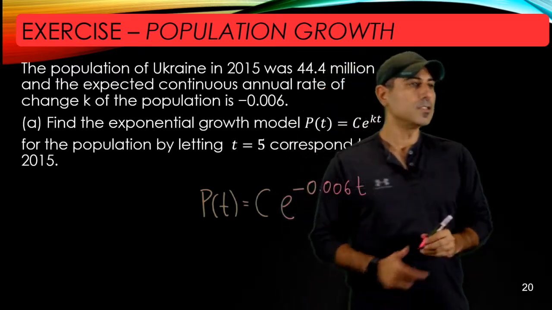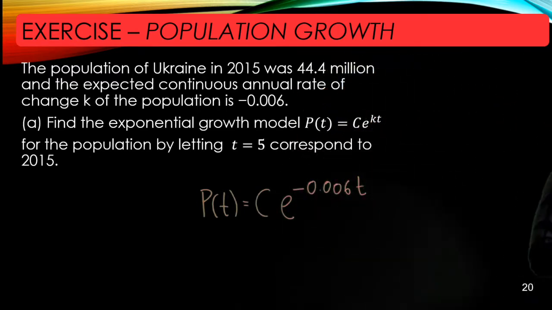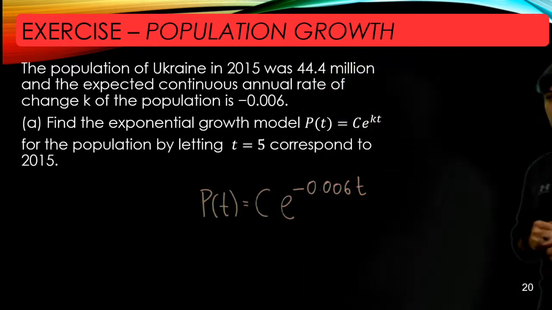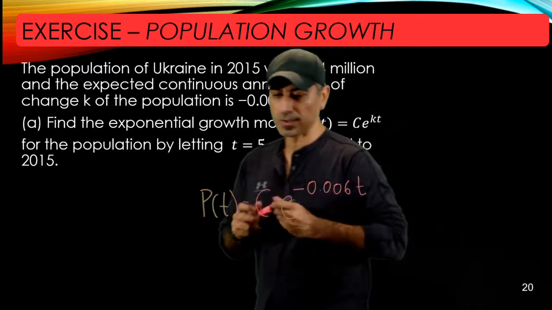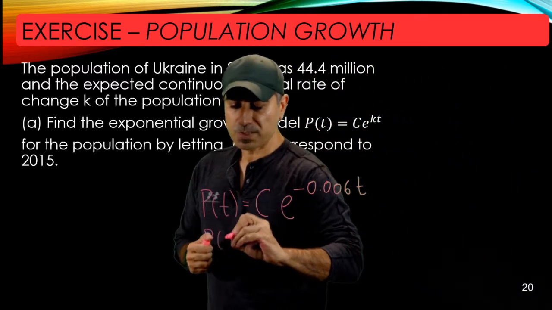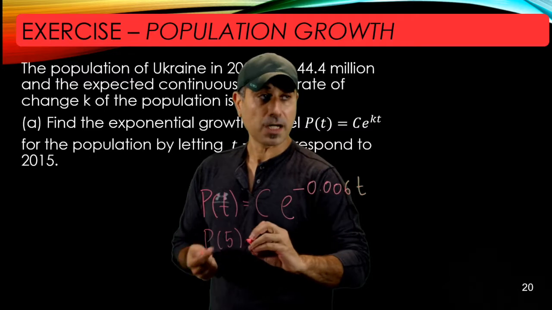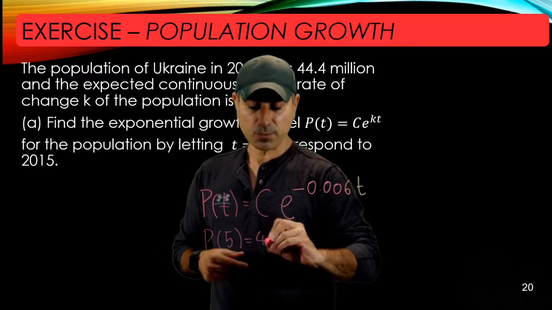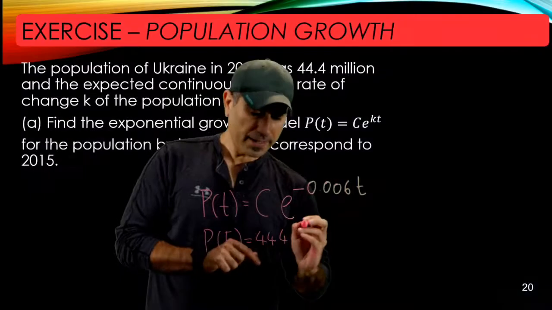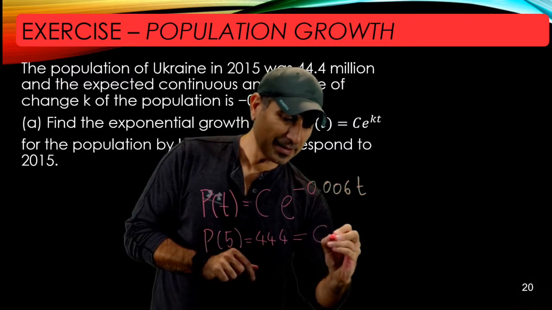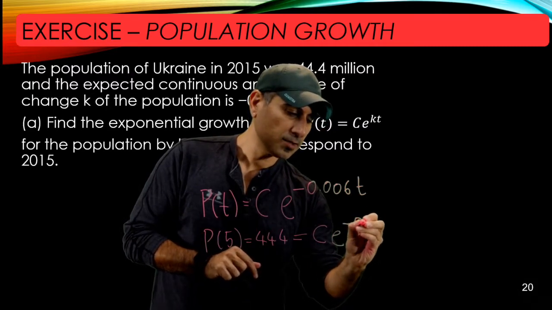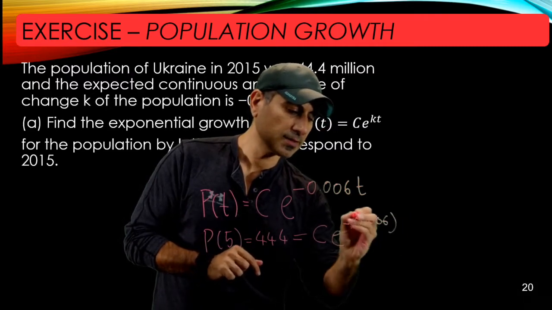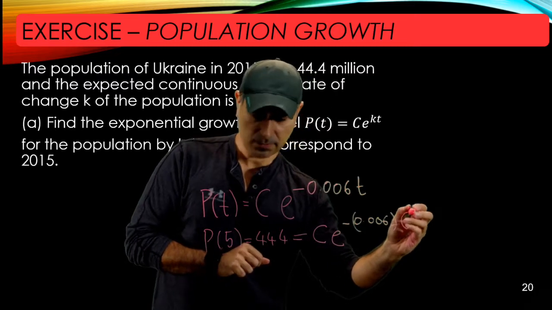And we want the 2015 population to happen at t equals 5. So in other words, for P of 5, we know the population that's given in the problem as 44.4, and that is equal to c times e to the minus 0.006 times 5.